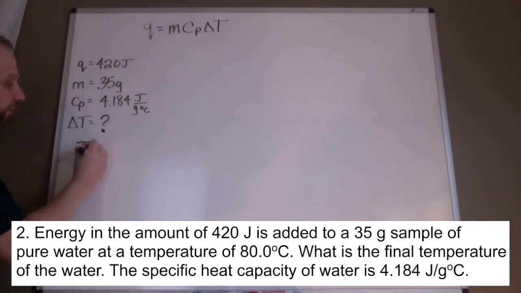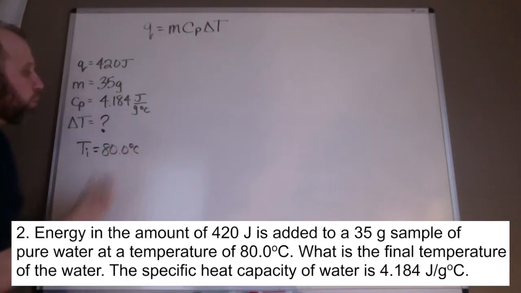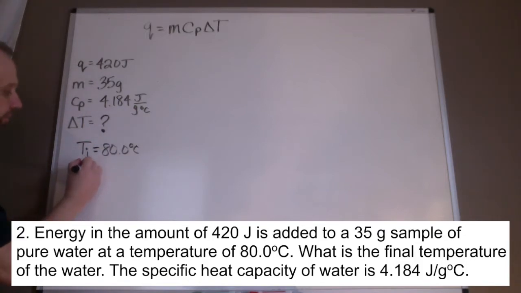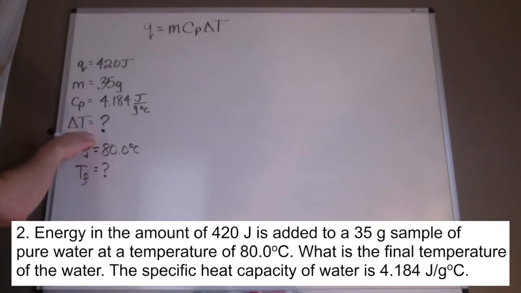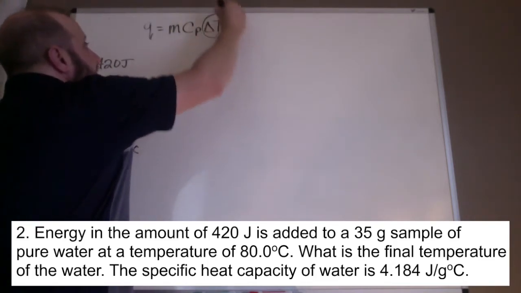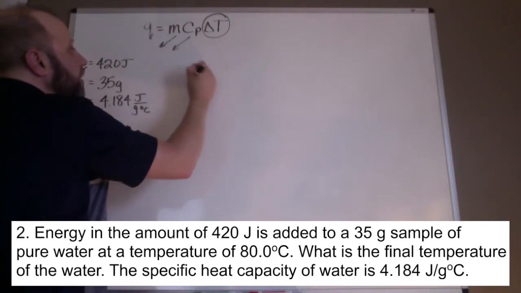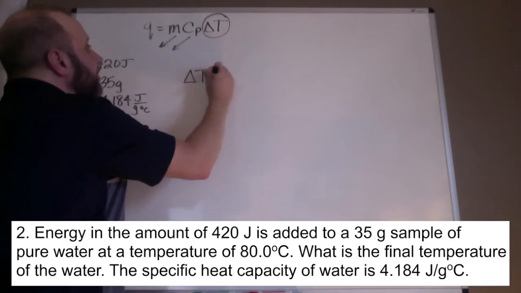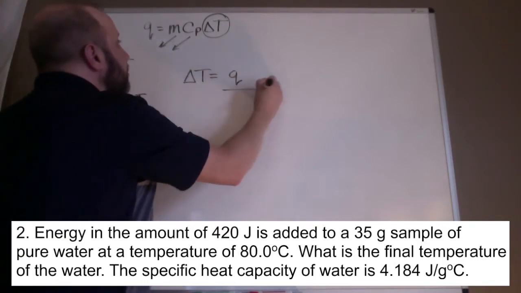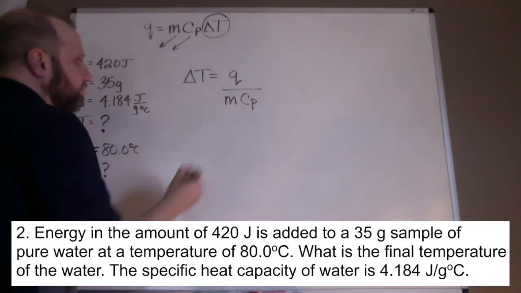What they gave us is called T initial. That's the temperature that the water is starting at. What they're asking for is T final. In order to get from T initial to T final, we're going to have to solve for delta T. So if you look at the equation up here, here's my delta T. I'm going to move these guys down here. So I'm going to get delta T is equal to Q divided by mCp.